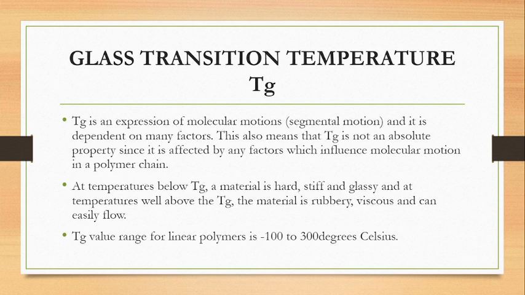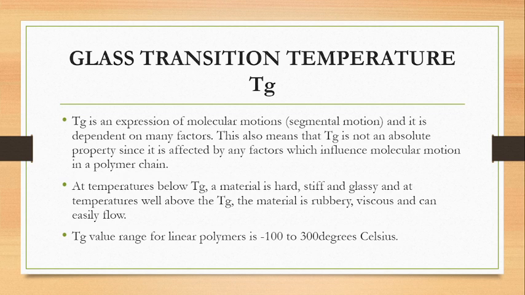Now this motion, which is called the segmental motion, is dependent on many factors, meaning if you have not applied any external force, this segmental motion will not take place. So this also means that TG is not an absolute value.